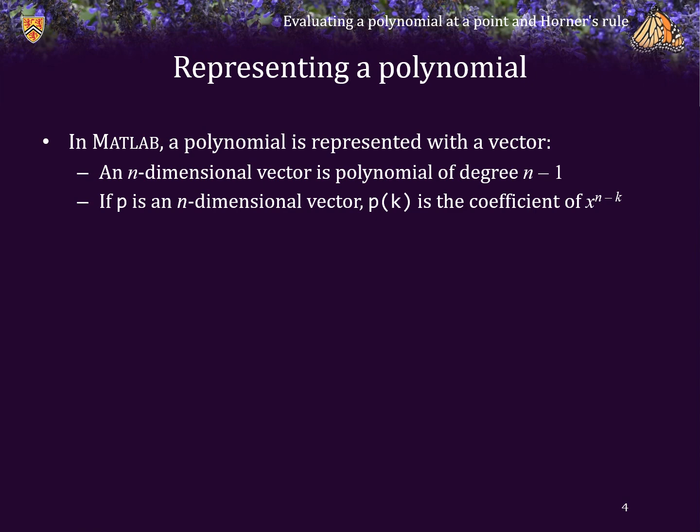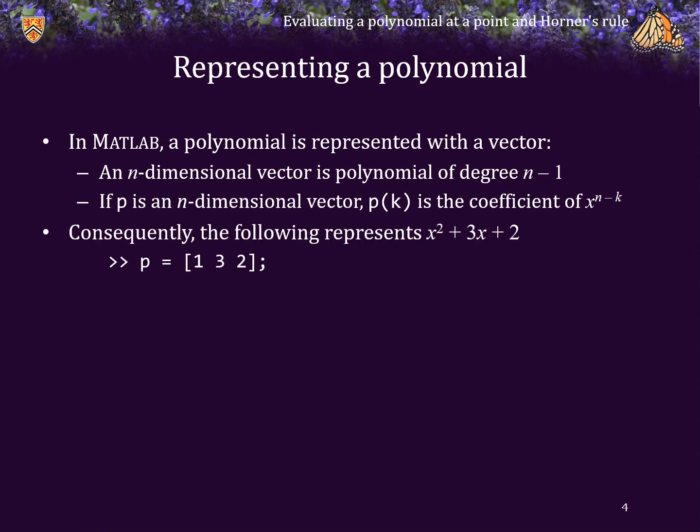And you will recall that in Matlab, the indices go from 1 to n and not 0 to n minus 1. So in fact, an n-dimensional vector represents a polynomial of degree n minus 1.